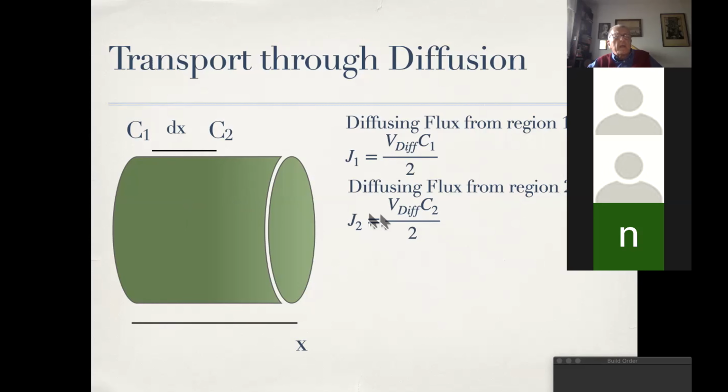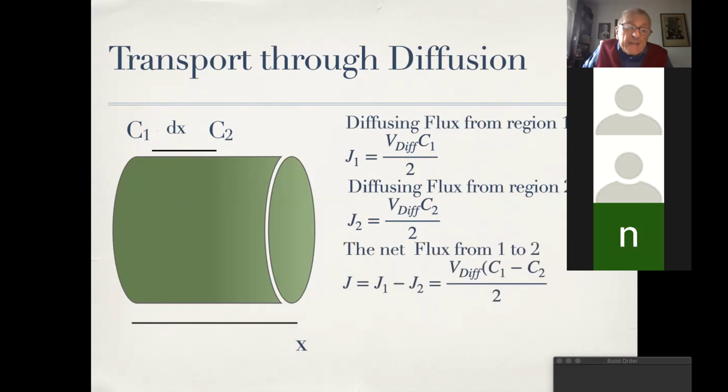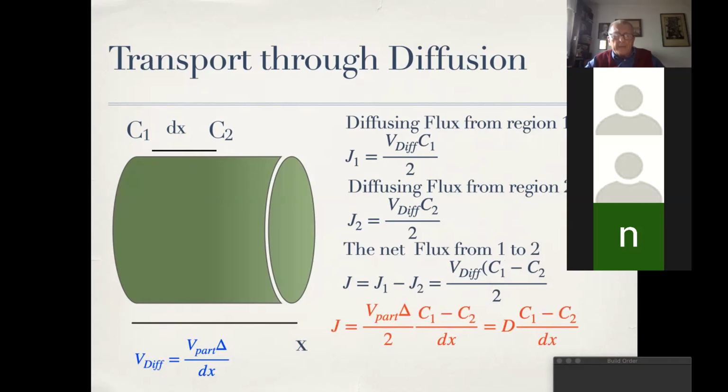So we have a flux from region 2 into region 1, which is given by that formula. So the net flux, if I want to calculate the net flux from one of the regions into the second region, I have to subtract these two currents from each other.